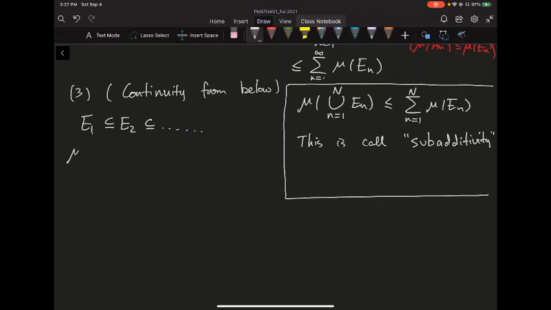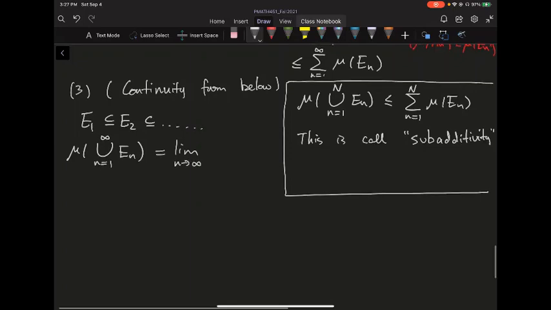Then the measure of this union, so the union n going from 1 to infinity of this E_n, kind of like the limit of this chain, well, this is continuous, kind of. So this is equal to the limit of the measure of the E_n.